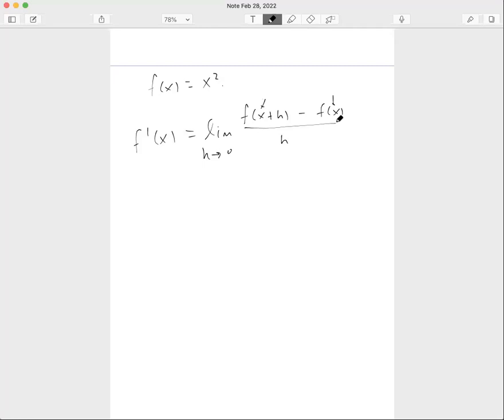Okay, so what is f of x plus h? That means you plug x plus h into the function f of x. So for this problem, what does that look like? This is important to know how to express. Okay, so you foiled it out.